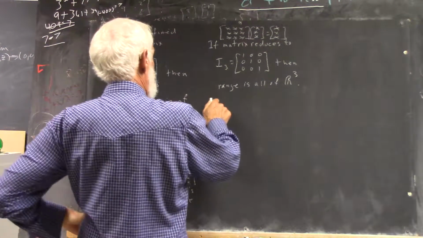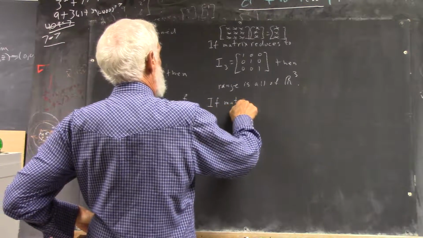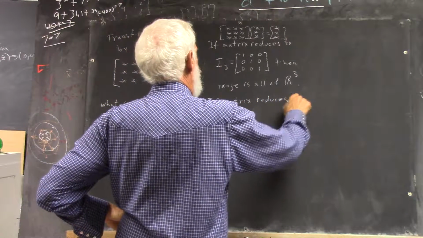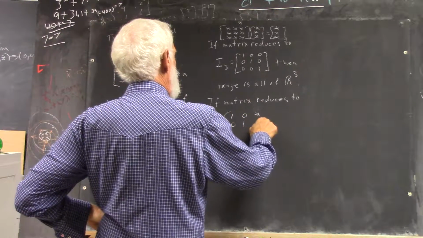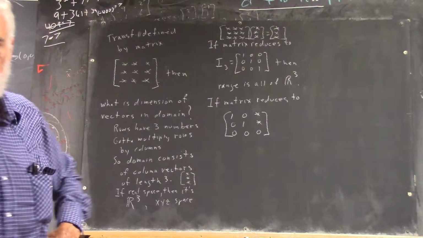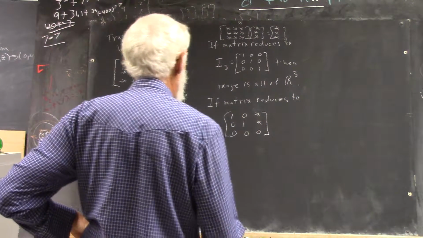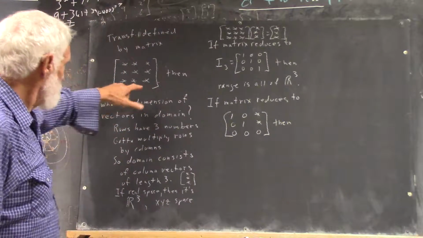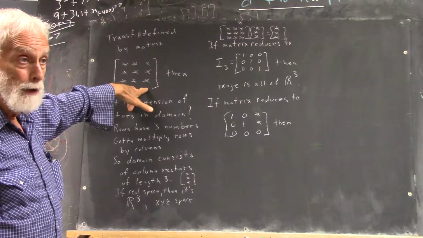Now, more interesting, although that's interesting in itself, what if it reduces to this? Now remember, the domain is all the vectors you can multiply this by, which would be any vector, all vectors in R3, right? So domain is all of R3.